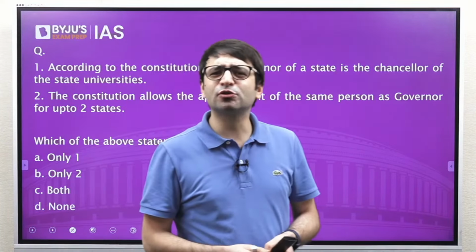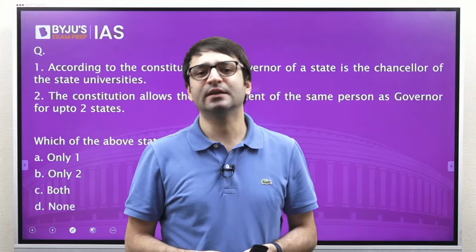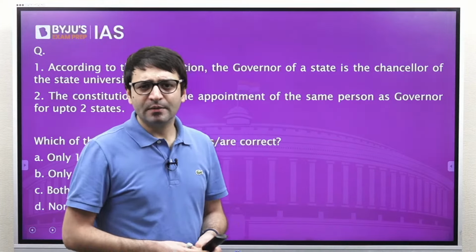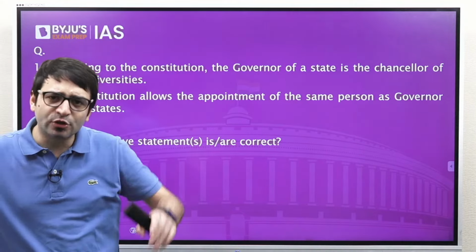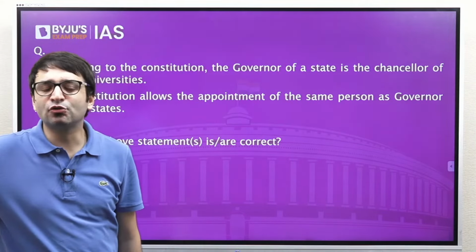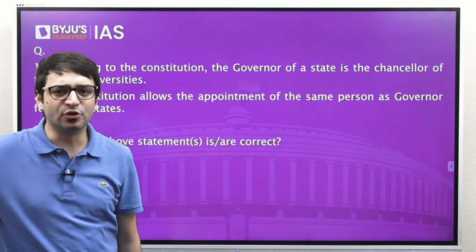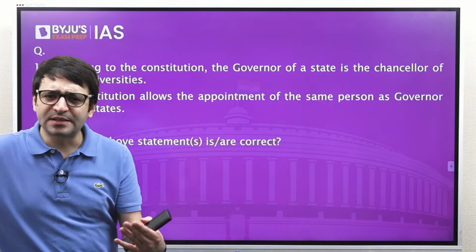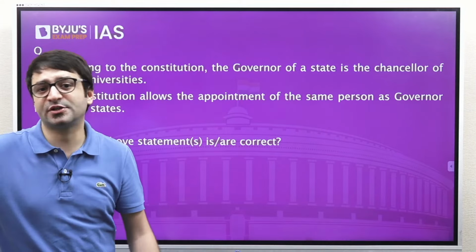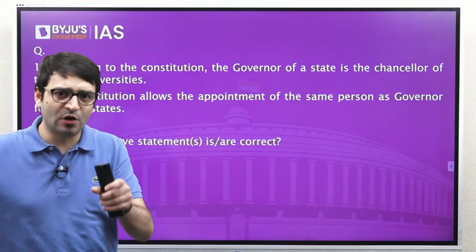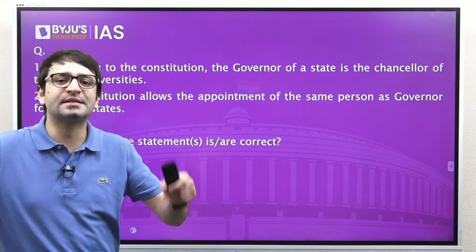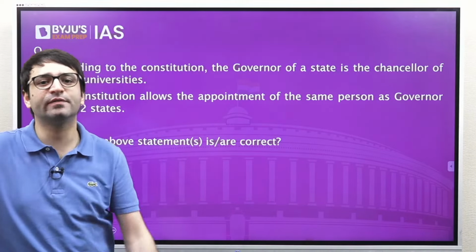The controversy is also on the appointment of the vice chancellors in universities. Because normally in the states, wherever we have the state universities, the governor is also the chancellor of these universities. And now there are some states such as Tamil Nadu, such as Kerala, they want to deprive governor of his responsibility as the chancellor of the state universities.